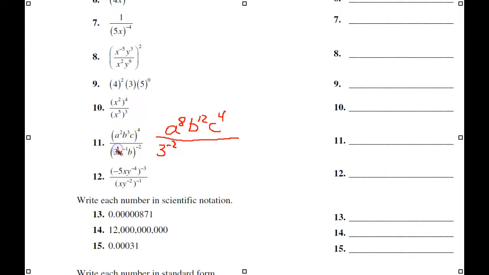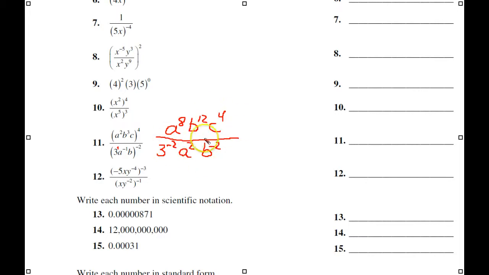There's a 1 right there. So I'm multiplying that 1 by the negative 2. This becomes a now to the 2nd power. Because we have a negative 1 times a negative 2, the signs become positive there. And this is going to be b to the negative 2.